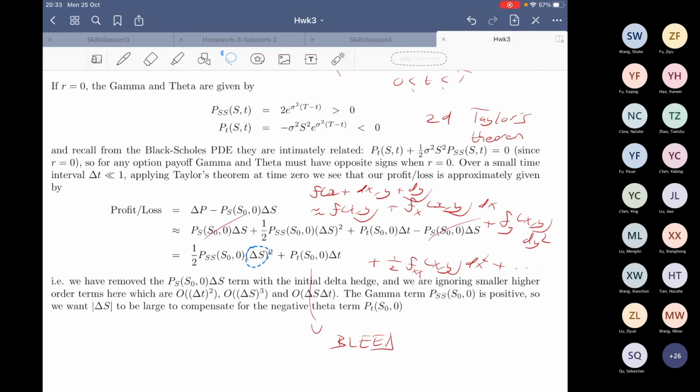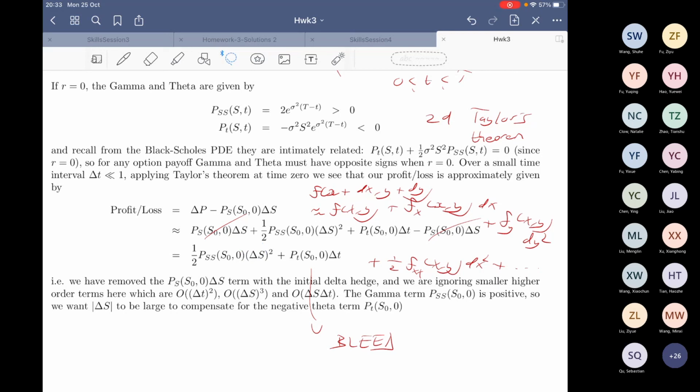Remember we've built into our Black-Scholes model that there is no arbitrage, so you can see that there's no free money here. If the profit and loss didn't have this term, you'd be thinking it's all upside with no downside, no consequences of that risk taking.